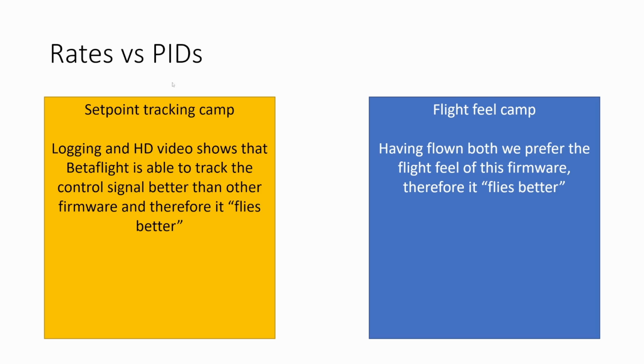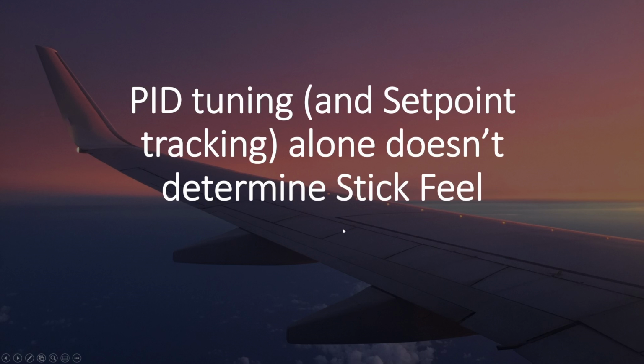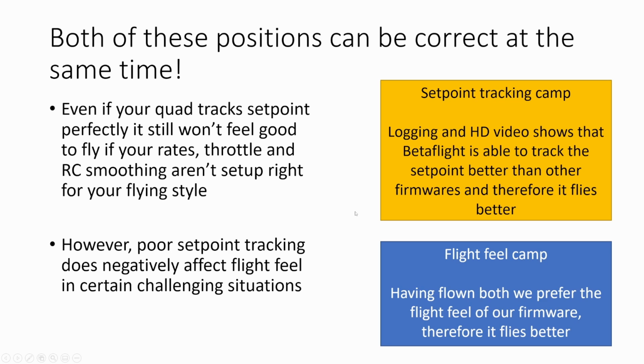And my perspective on the issue is the following. I would say that PID tuning, and therefore set point tracking, or the ability to follow a control signal, when taken alone, doesn't determine stick feel. So this basically allows both of these positions to be correct at the same time.